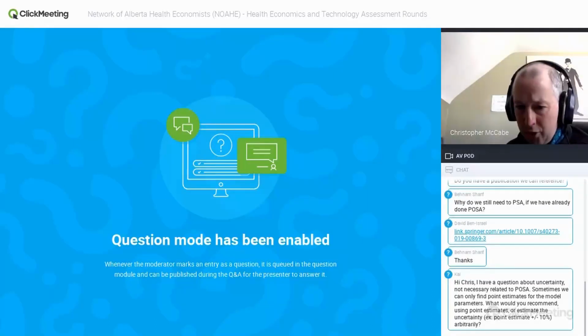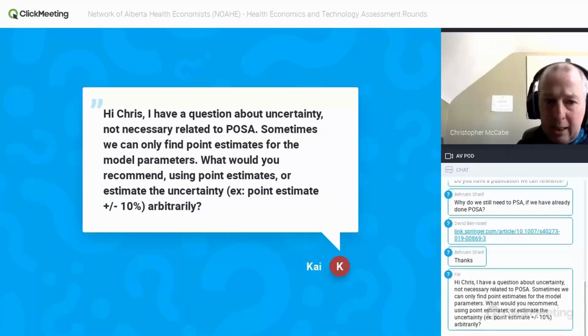So Kai says, I have a question about uncertainty not necessarily related to POSA. Sometimes we can only find point estimates for model parameters. What would you recommend, using point estimates or estimating the uncertainty in an arbitrary way? Okay, so actually I've seen a very good answer to this question in some work that Erin Kerwin did, in giving some advice to Mike Paulden.